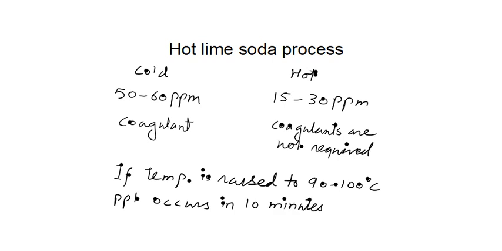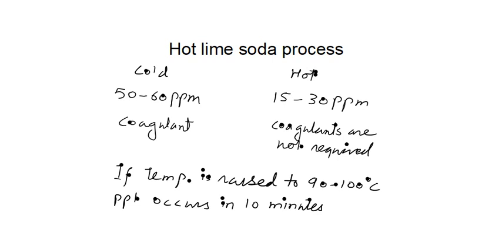Whereas if the temperature is in the range of 10 to 15 degrees centigrade, it takes more than 2 hours to precipitate the sludge. Therefore, completion of reaction is fast in hot lime soda process.